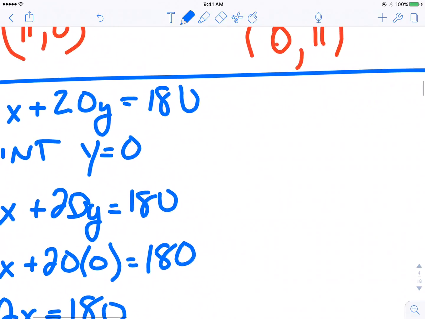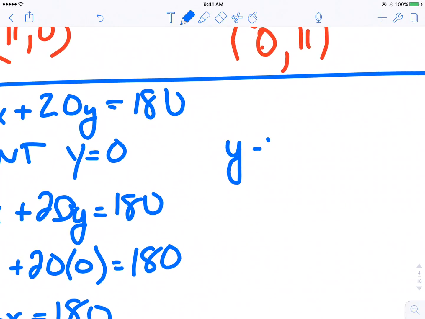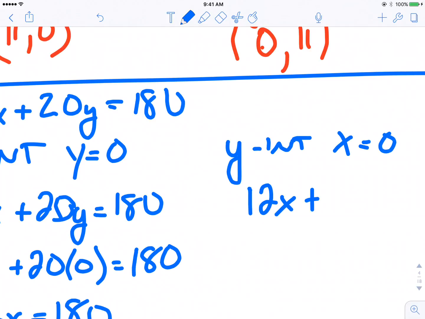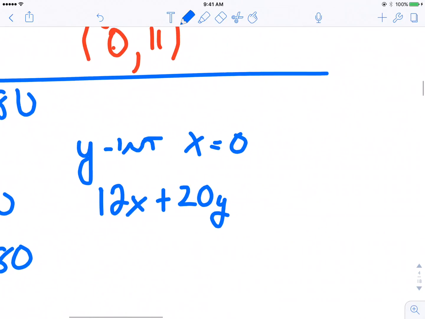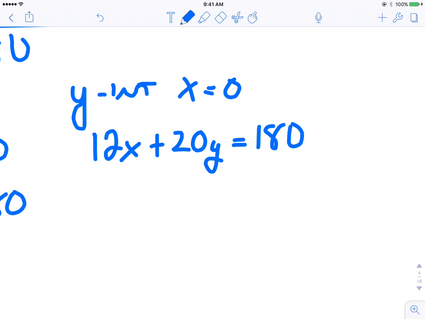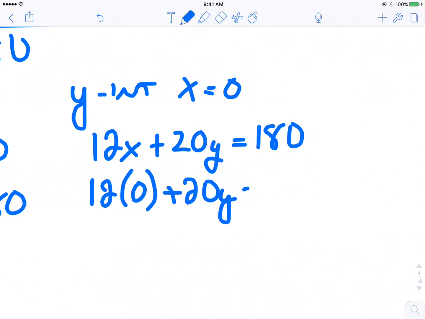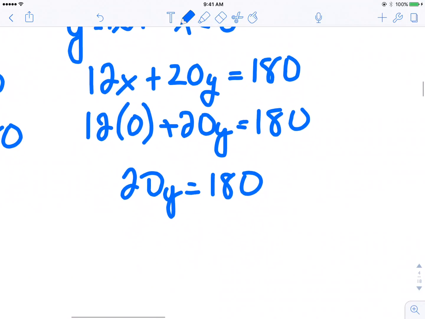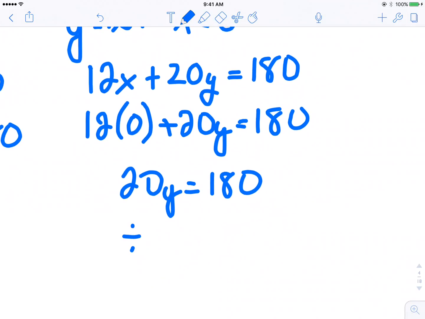Similar calculation to get my y-intercept, except that means x is 0 this time. Still start with my equation: 12x plus 20y is equal to 180. 12 times 0 plus 20y is equal to 180. 20y is equal to 180. Divide by 20.